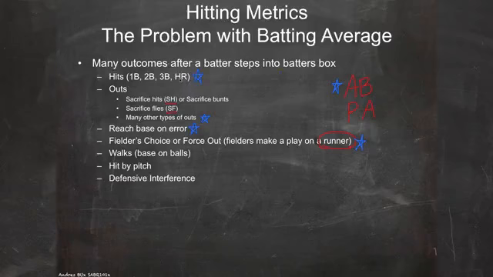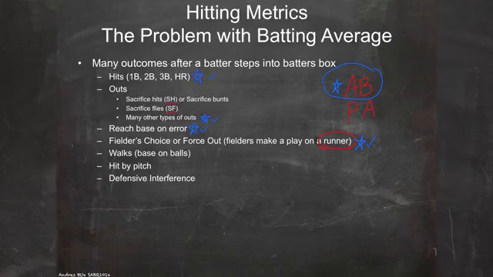But hits, outs that aren't sacrifices, reaching base on an error, and a fielder's choice, in other words, a play made on a runner, those four sets of outcomes are summed together to make the total at-bats. So again, at-bats are hits, outs that aren't sacrifices, reaching base on an error, and fielder's choices or force outs, plays made on a runner.